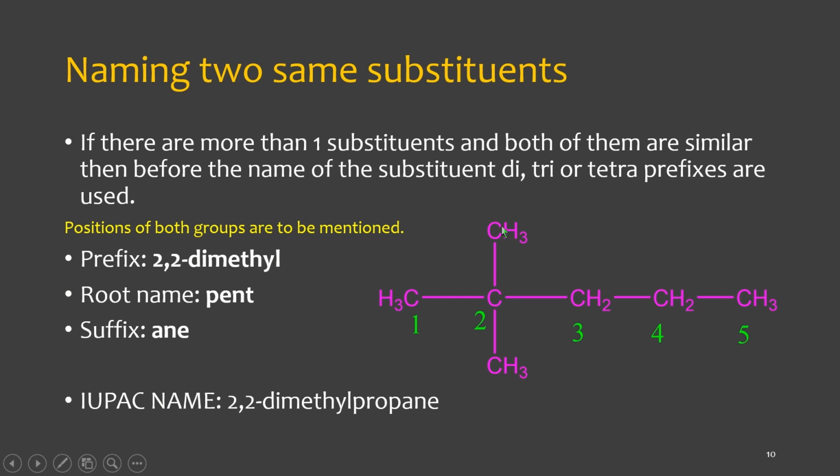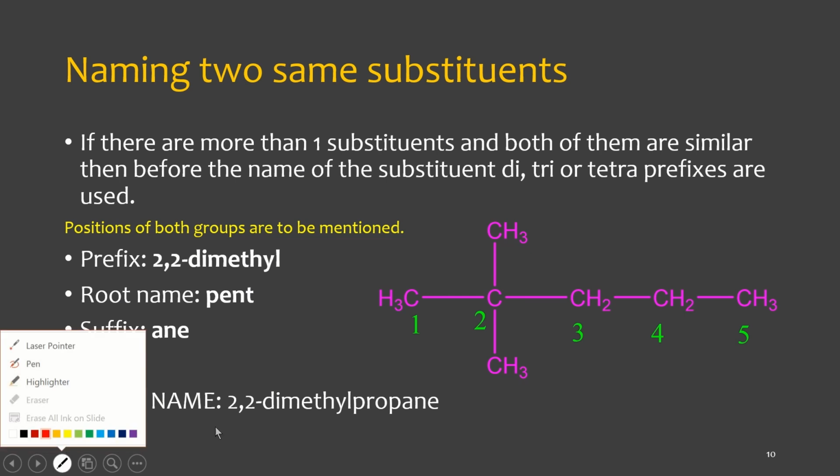So the prefix will be 2,2-dimethyl. The root name will be pent and the suffix will be ane. So its IUPAC name will be 2,2-dimethylpentane.